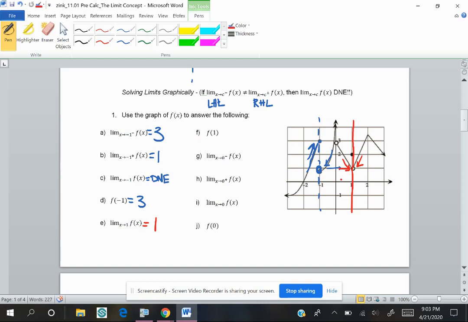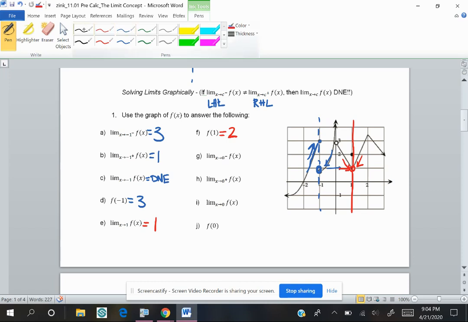And what is f of 1? f of 1 is not 1, because there's an open circle right here. It's actually 2. So again, this is a case where the limit does exist. We're approaching 1, but we'll never actually reach that limit because at f of 1, we jump up to a y value of 2.